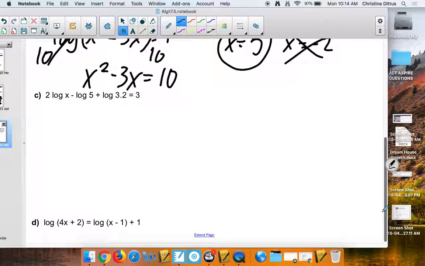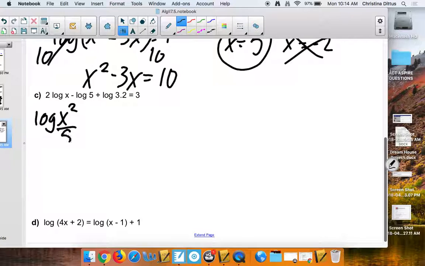So what can I do if something's out front and I have a log? Bring it to a power. Yeah, square. So this is log of x squared. Can we do 2 steps in one, you think? Let's try it. What does minus mean if I'm going to combine all to one log? Divide. So I should take x squared and divide by 5.